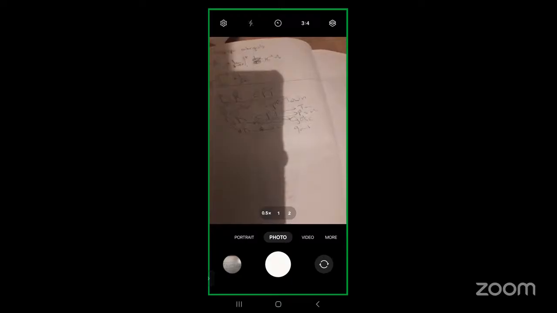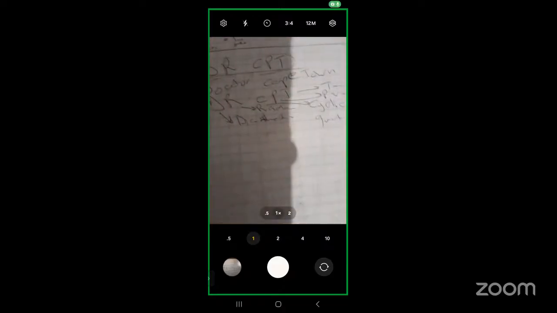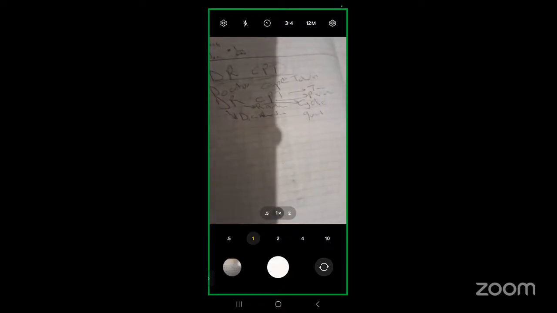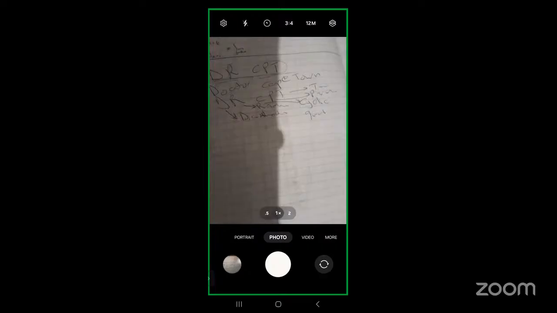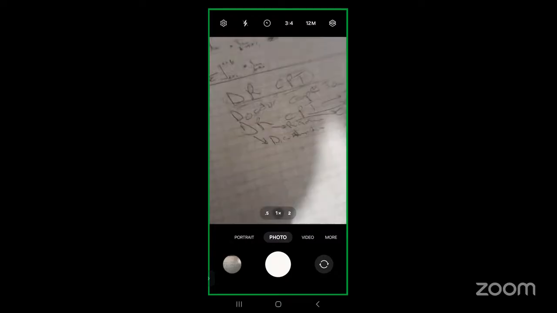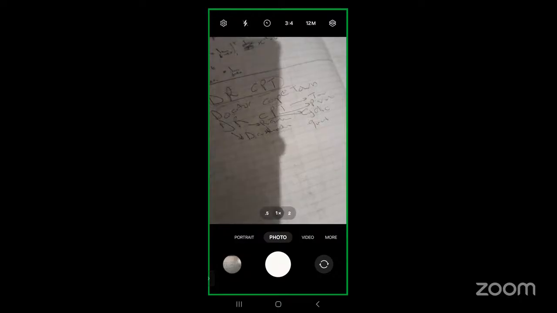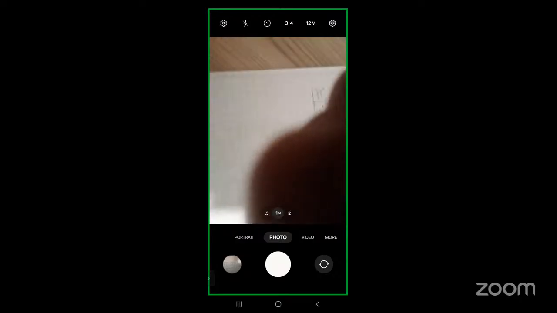Okay, then it's fine. They will communicate in case they can't see everything that you're writing. Okay, thank you, sir. Why don't you just tilt the phone so that it can show the full view?